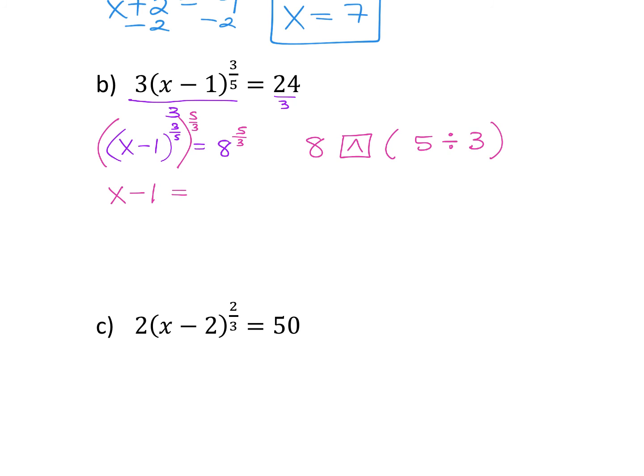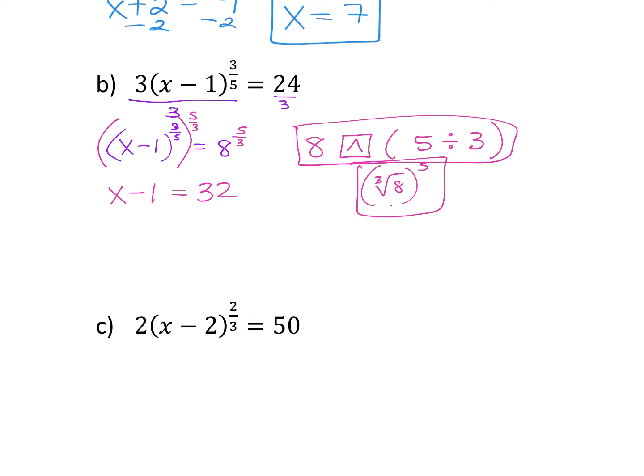It's saying the cube root of 8, and then we're taking it to the 5th power. So 2 to the 5th power is 32. Okay, so do it like this in the calculator or do it like this in your head. Either way is fine. Add 1, you get x equals 33.